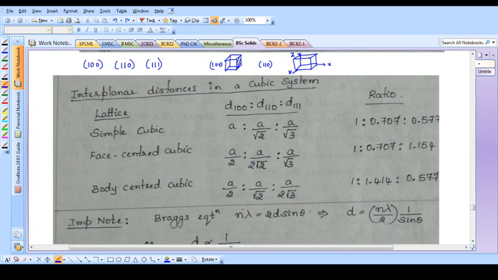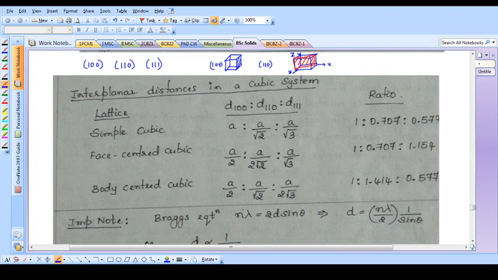So a 110 plane should cut the x-axis at a, the y-axis at b, and be parallel to the z-axis. So this diagonal plane is the 110 plane.